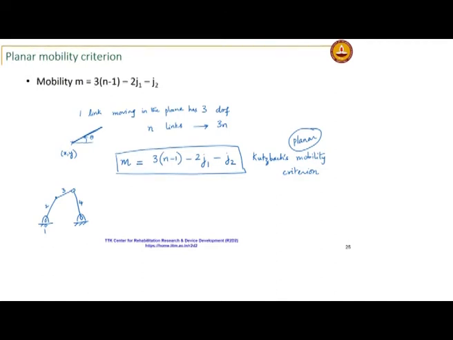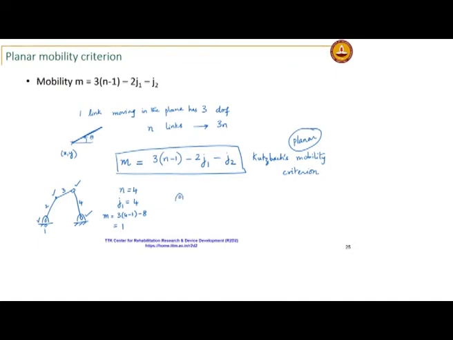Each 1 degree of freedom joint I designate with a tick mark. So, there is 1 between 1 and 2, 2 and 3, 3 and 4, and 4 and 1. So, my n equals 4, J1 equals 4, so my mobility is equal to 1.